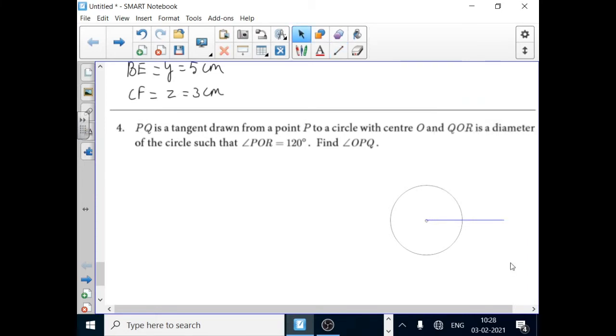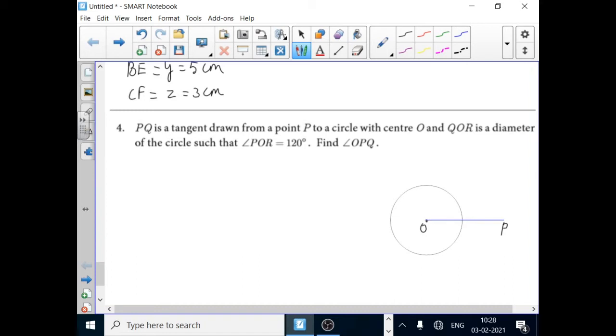I draw one circle. The center of the circle is given as O. So, I mark this point as O. P is a point from which a tangent is drawn to a circle with the center O. So, I take the point as P.